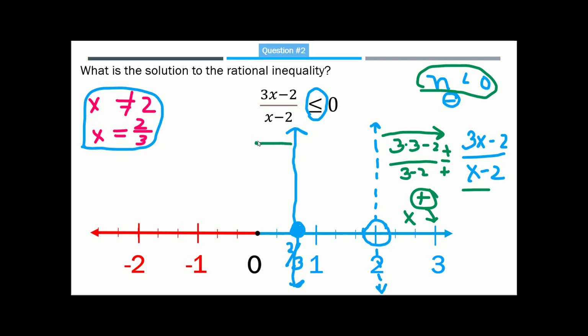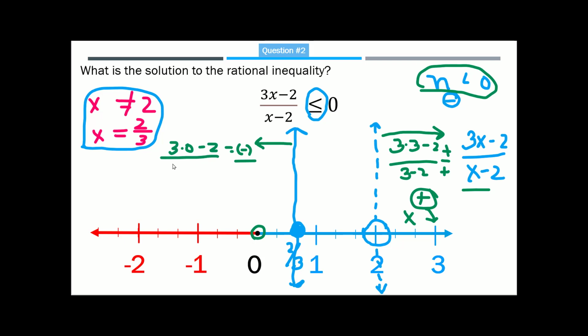Let me look at the numbers to the left, and I'm going to pick 0. That's an easy one for me to work with. So 3 times 0 minus 2 is equal to negative 2. I'm just concerned about what the sign is.